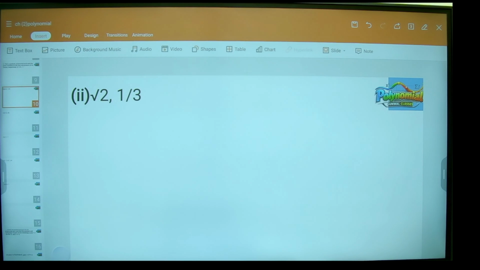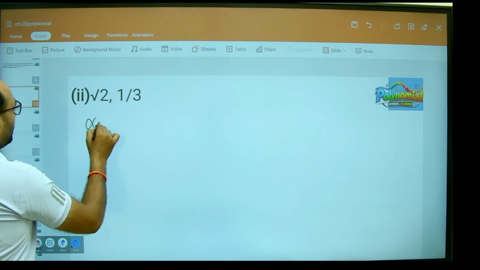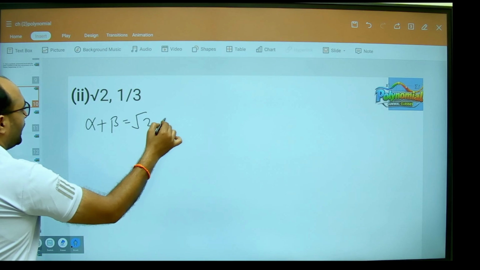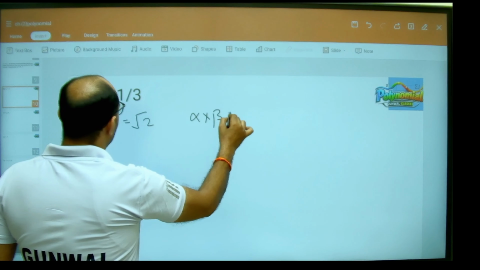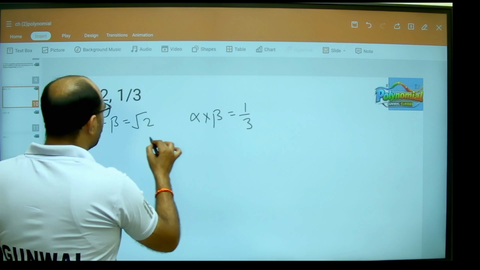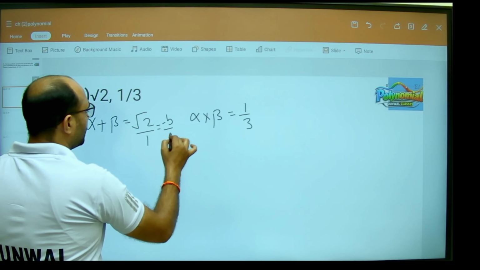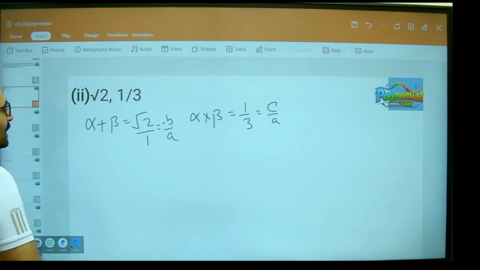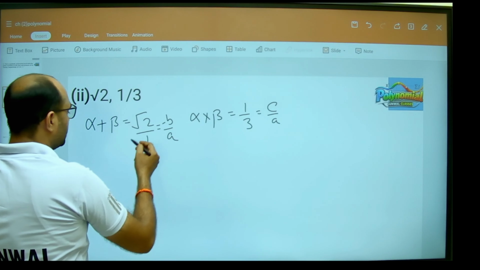Second, sum is root 2 and product is 1 by 3. Alpha plus beta is equal to root 2 and alpha into beta is equal to 1 by 3. This is equal to minus b upon a. This is equal to c upon a. If you compare here, a is 3, a is 1.